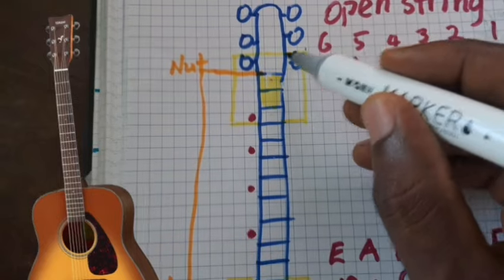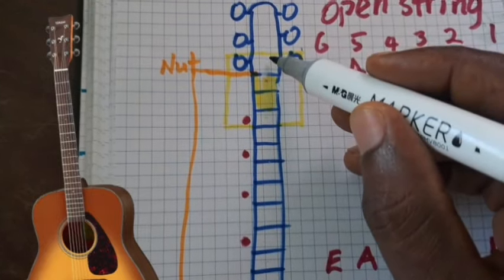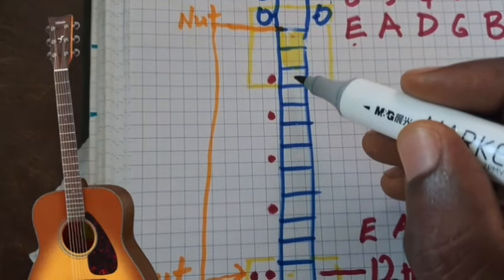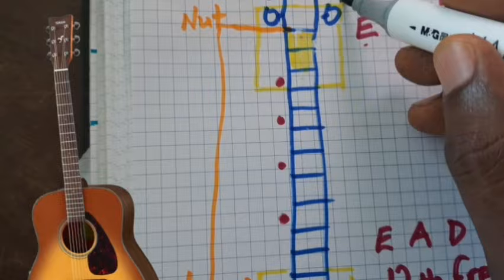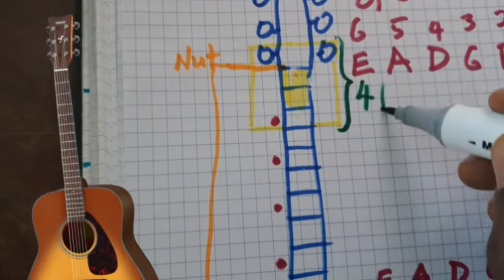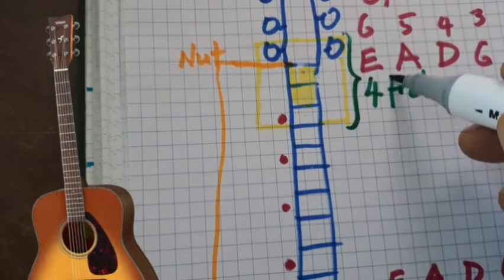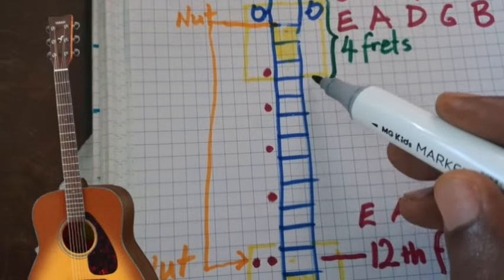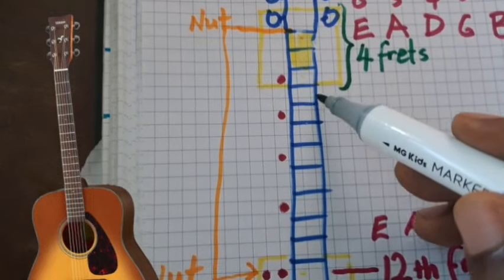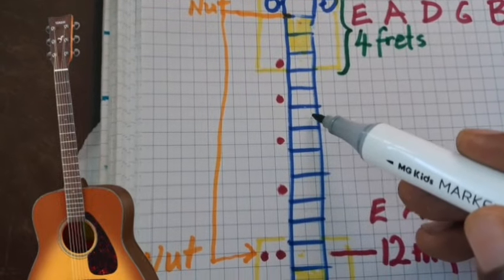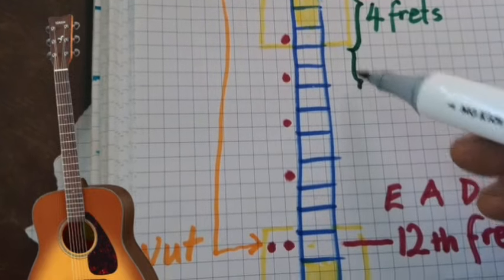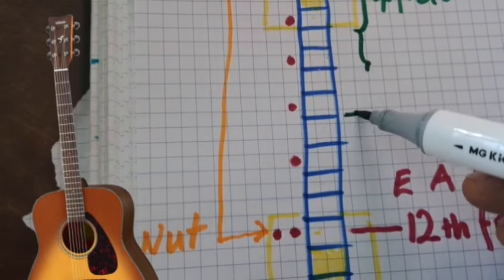We'll start our counting with this first fret, which is our knot, then 2, 3, 4. So we have 4 frets. Okay, now let's count again: 1, 2, 3, 4.